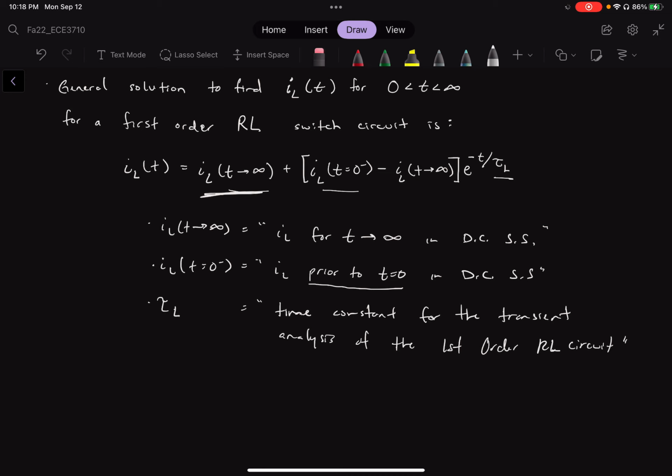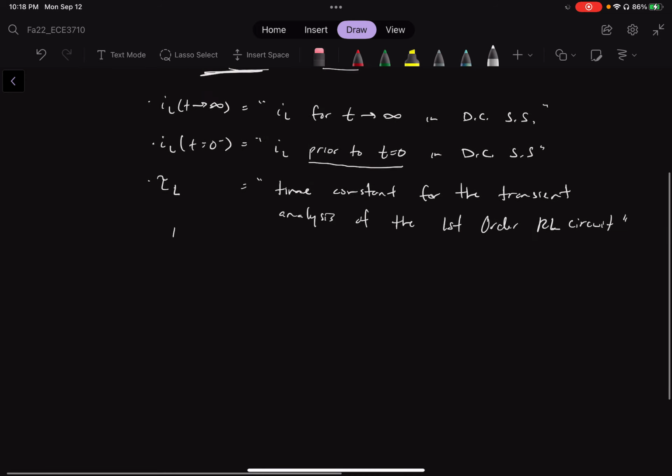How do you find the time constant? Tau L is equal to the inductor, there's only one inductor in the circuit, divided by R Thevenin. What's this R Thevenin that we're talking about?